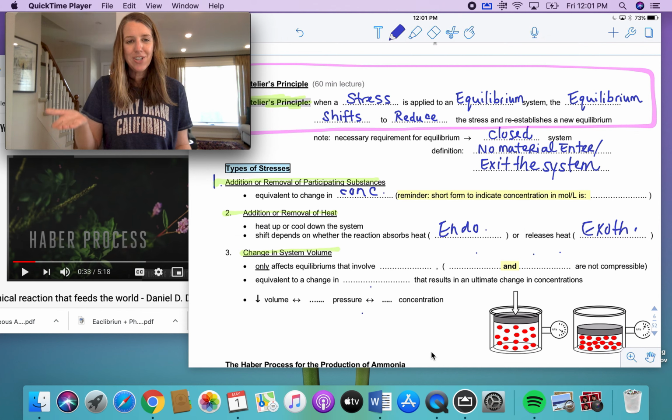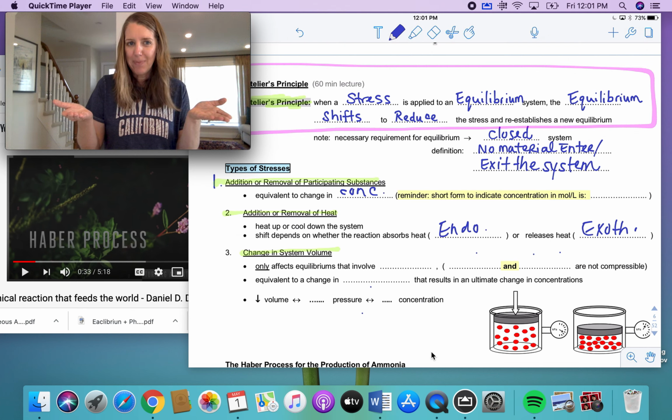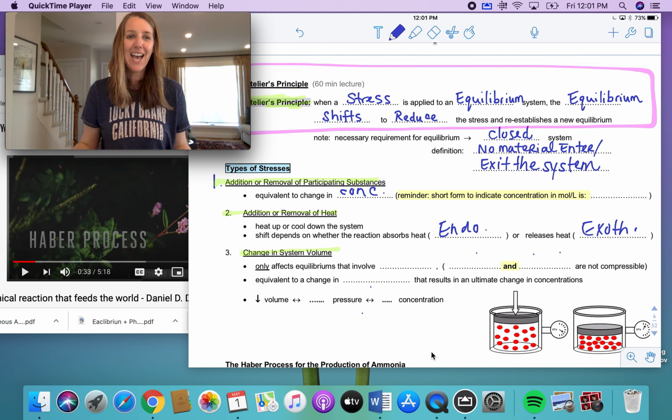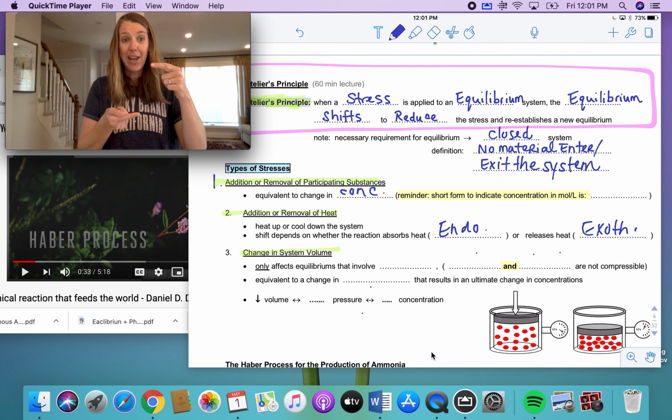So if you increase the heat, it's going to depend on whether that heat is on the reactant side or the product side. What's going to happen, right? And what if you decrease the heat? So these are all the concerns. These are all the complications that we're going to be looking at when we deal with some questions, which are actually kind of fun to solve. You just have to actually just think about what the stress is, and then does it go this way or that way because of what the stress is doing.